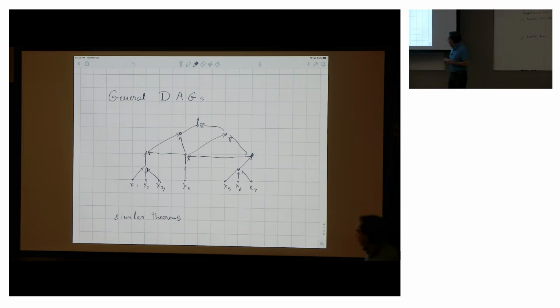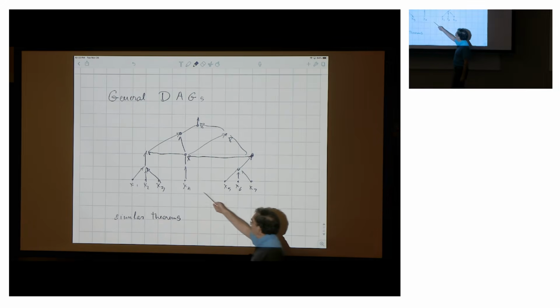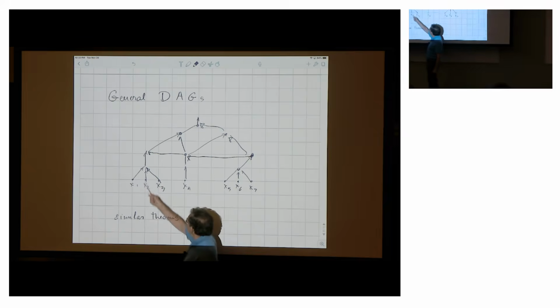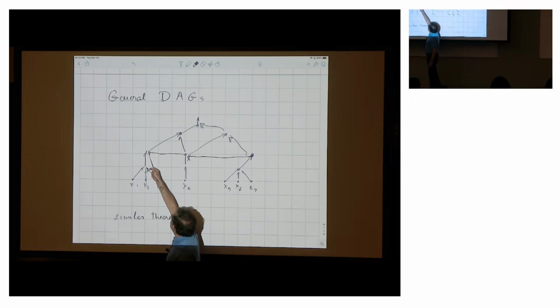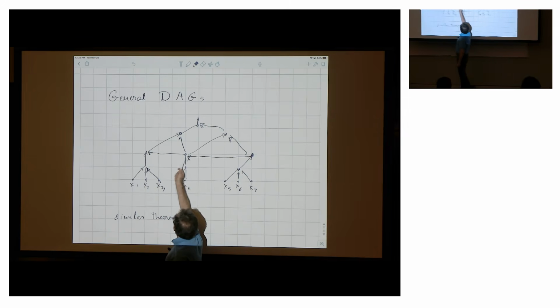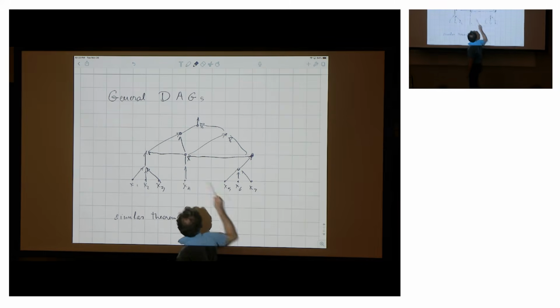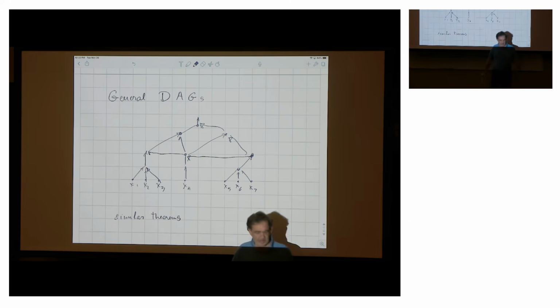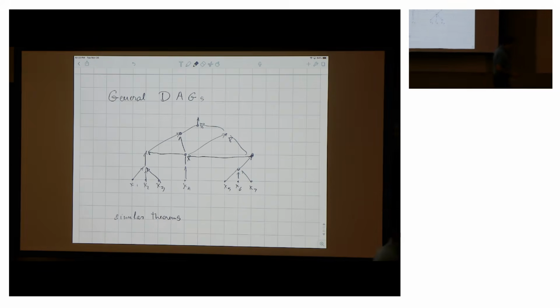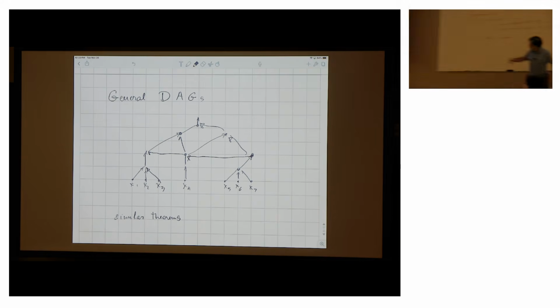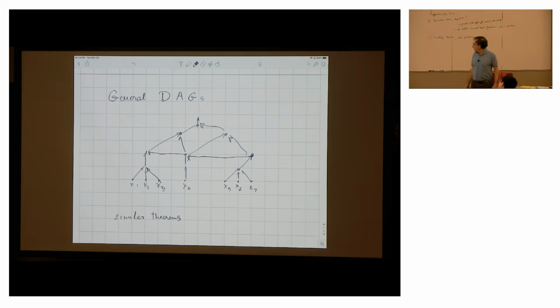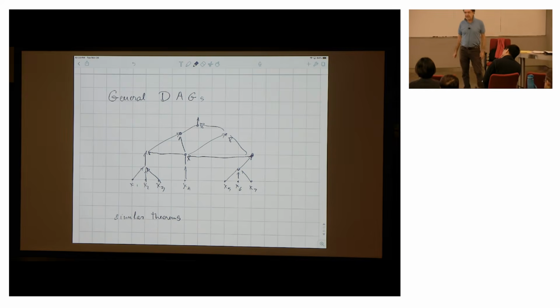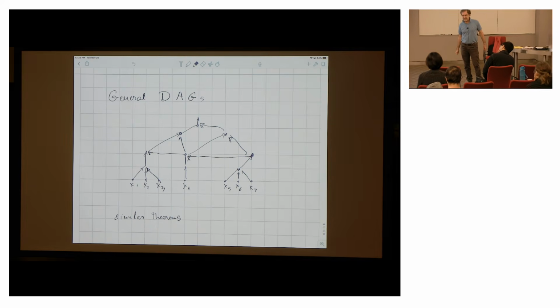So if you have a function that is described by a graph, a function of free variables, whose outputs get input to other functions in a complicated way, as long as the graph is a directed acyclic graph, everything I said holds. Depending on the graph, you may or may not have an avoidance of the curse of dimensionality.